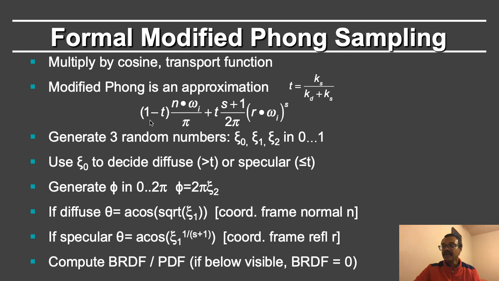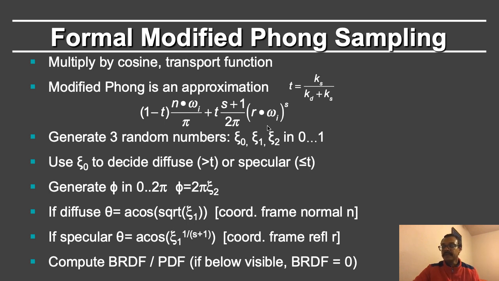Notice that the BRDF can now be written in this form. You have 1 minus t times the cosine term divided by pi, plus t times s plus 1 by 2 pi times the dot product with respect to the reflected direction raised to the power s. It can be shown that this form actually normalizes out nicely and actually corresponds to a probability distribution function.